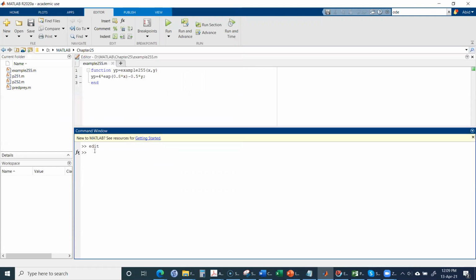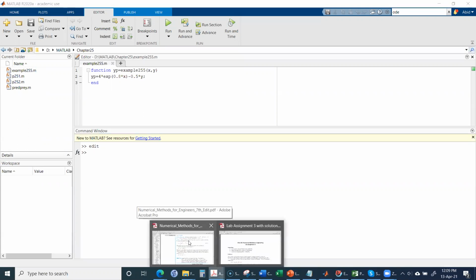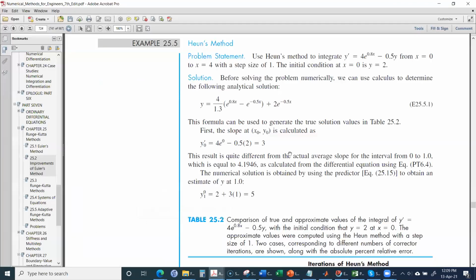The next step will be performed in the command window in MATLAB. In the command window, first we will give the range of values, from x equal to 0 to x equal to 4.